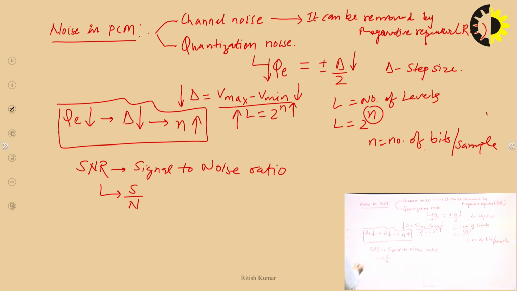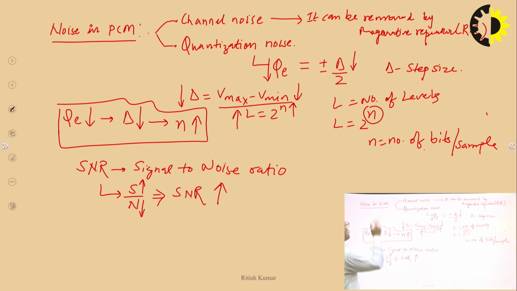The signal to noise ratio should be as high as possible, because signal power should be as high as possible or noise power should be as low as possible. If you combine these two statements, you need to have the SNR as high as possible. To have efficient communication, the signal to noise ratio should be as high as possible.